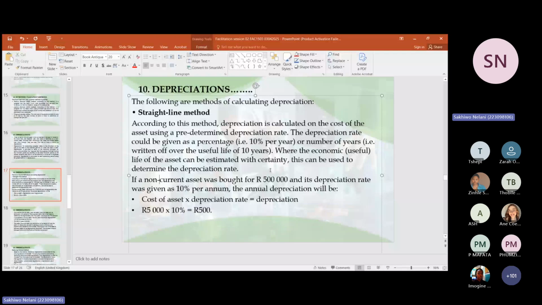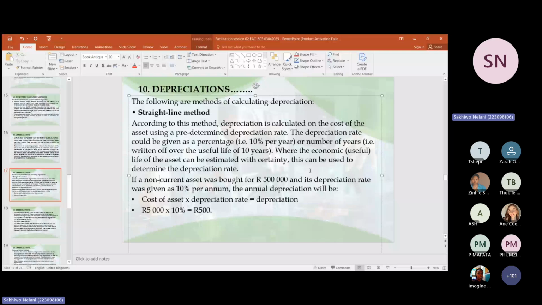This vehicle is R500,000. And we agreed as management that this asset is losing value at the rate of 10%, if it stays in the business for 10 years.